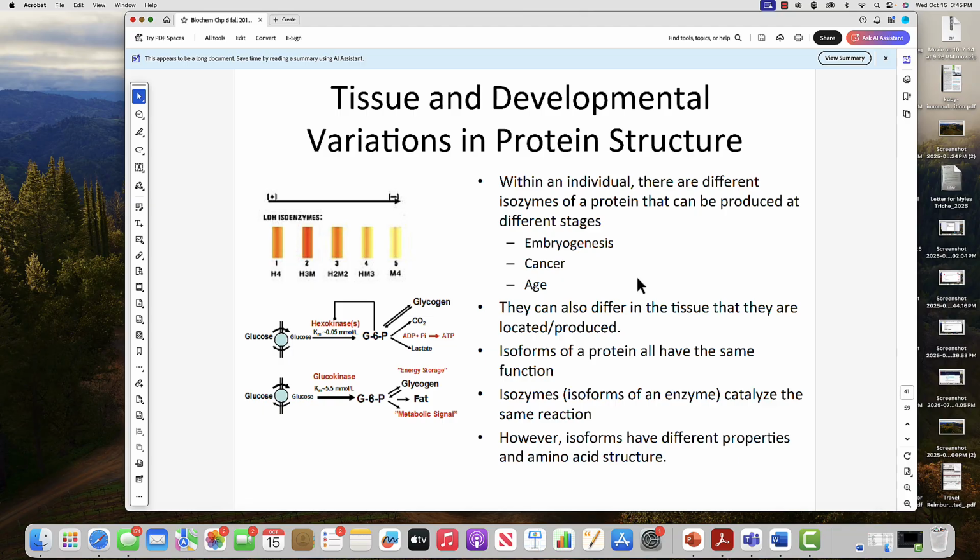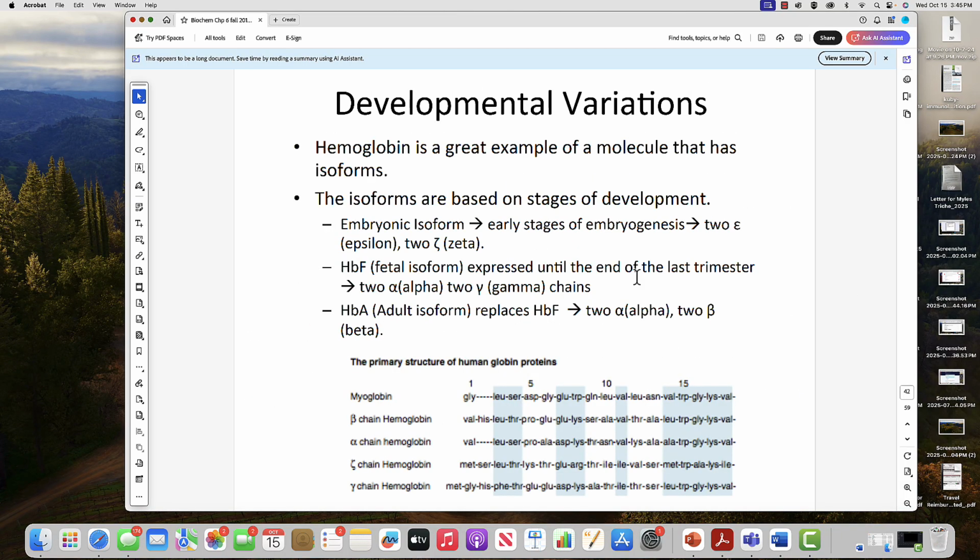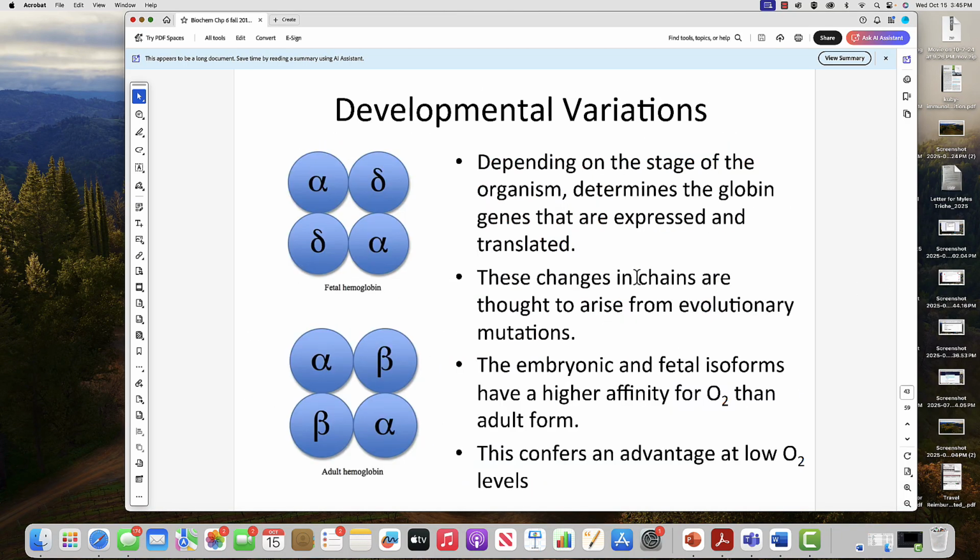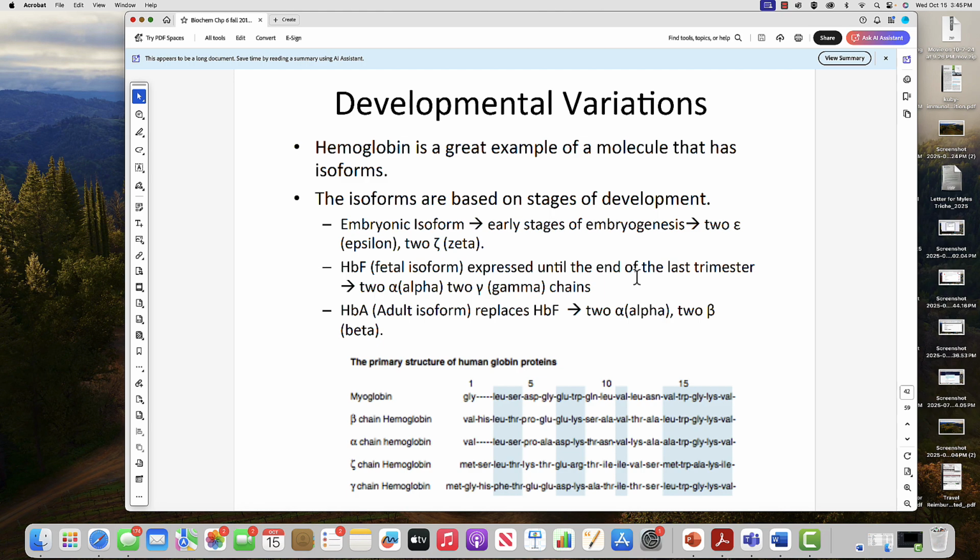Now, the importance of understanding the variations of these different enzymes is, for example, if someone has a heart attack, doctors can go in and look for the isoform associated with the heart. If a patient has a heart attack, but maybe doesn't realize it or isn't sure, the physician is going to draw the blood and send it off to the lab.